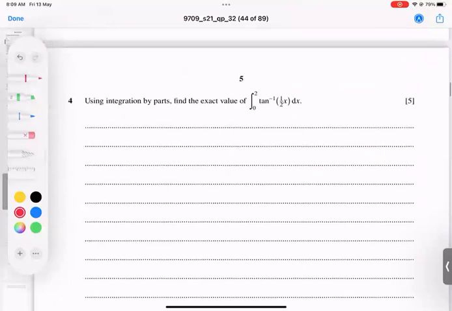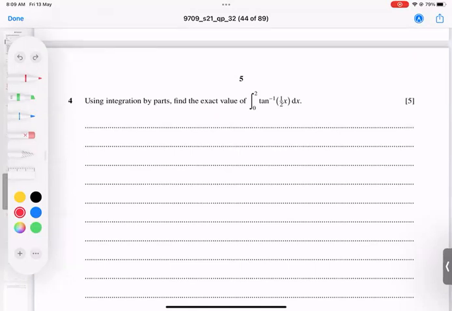The next, number 4, is a question of tan inverse. He's asking for the exact value. Very interesting question. And tan inverse, you know it very well, integration of tan inverse directly is not available in our syllabus. Then what do we have to do now?